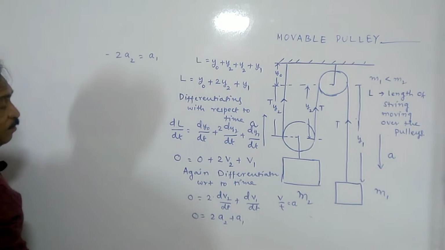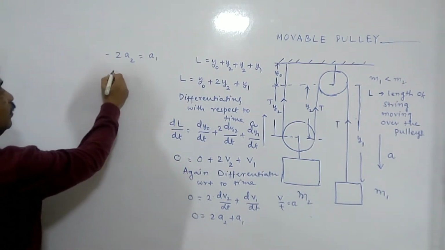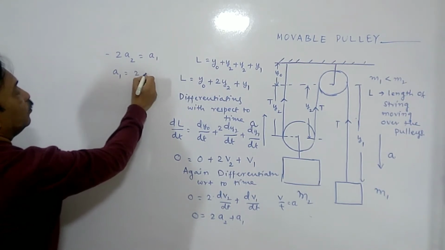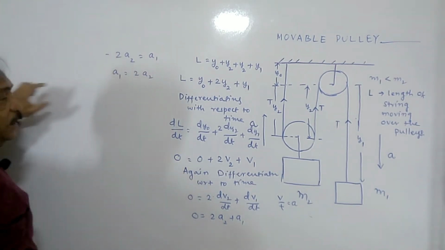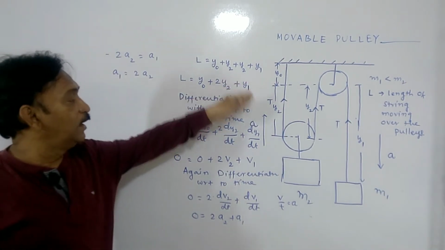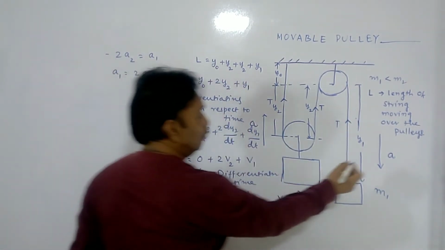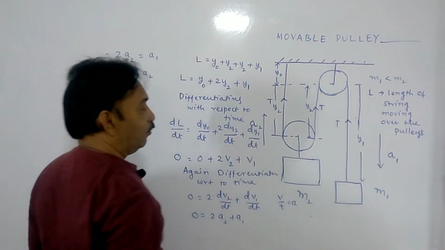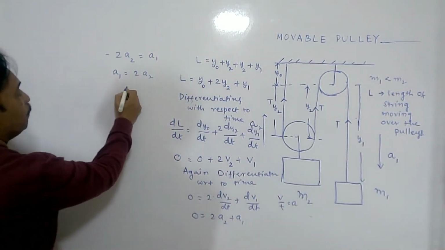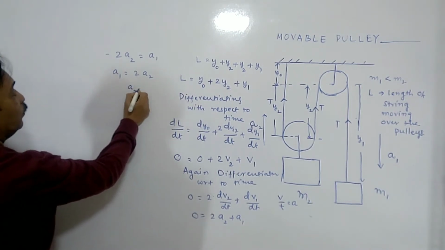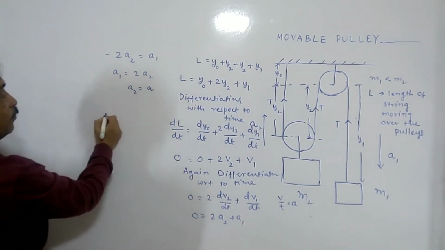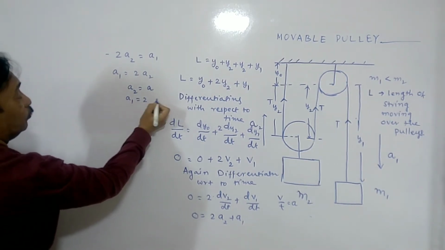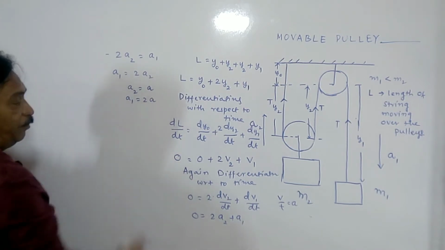Students, in this way you can relate the accelerations. Here I am writing it as positive because the accelerations are working in opposite directions. Let's say a2 is equal to a, then we get a1 is equal to 2a.